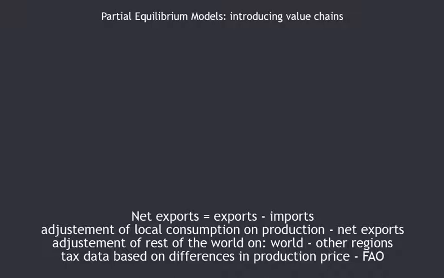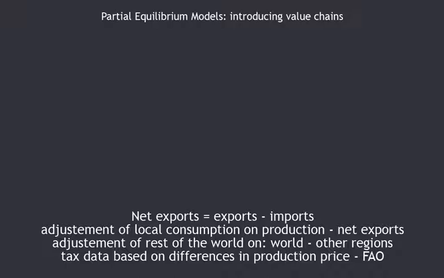Then we adjust the local consumption on the difference between production and net exports. We also adjust production and consumption in the rest of the world as the difference between production or consumption in the world minus production or consumption in all other regions.